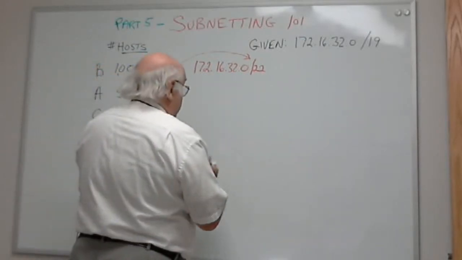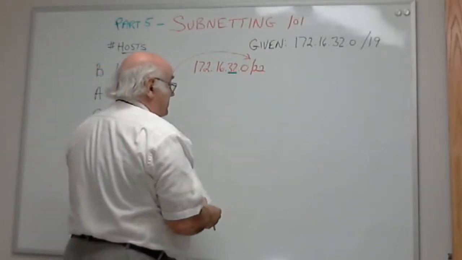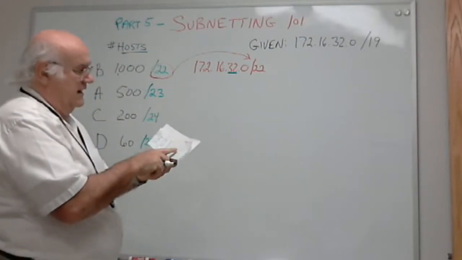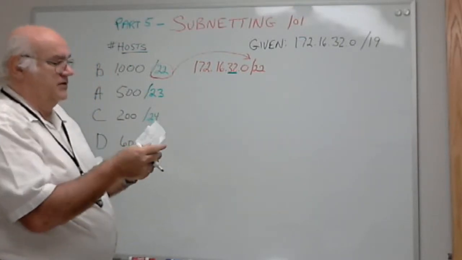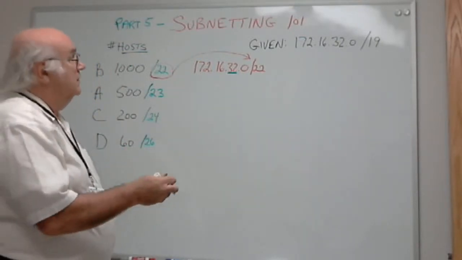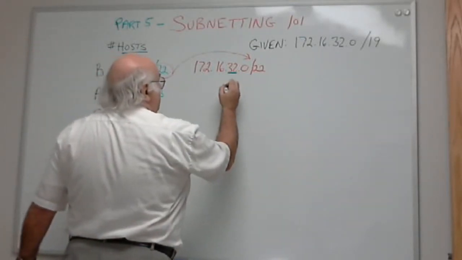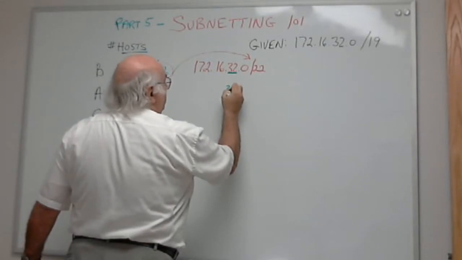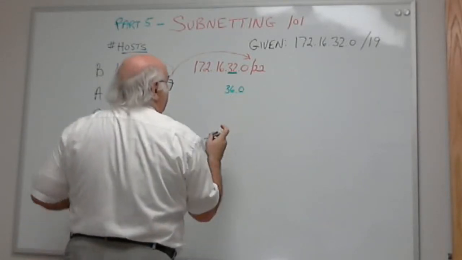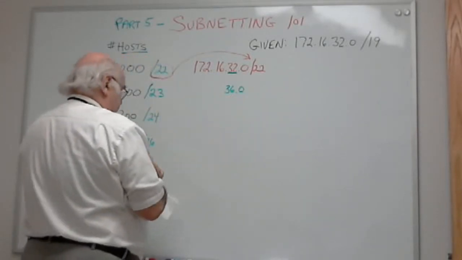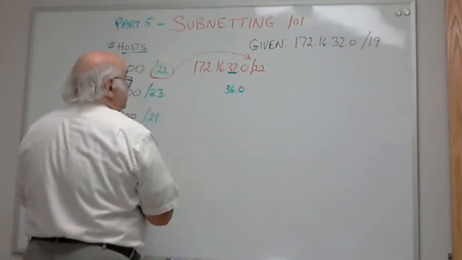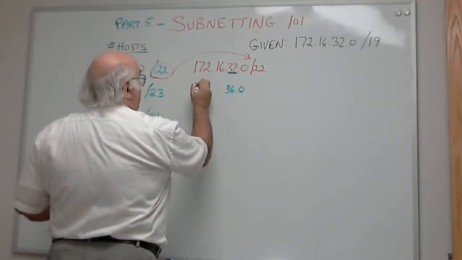So we're really going to change this byte here. And /22 says it's got a positional value of 4. So we're going to add 4 to that. So my next network should be 36.0. Okay? I changed that by adding 4.